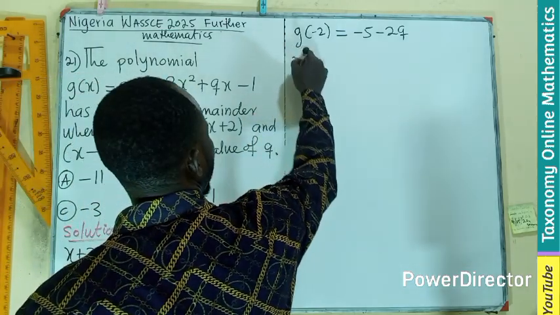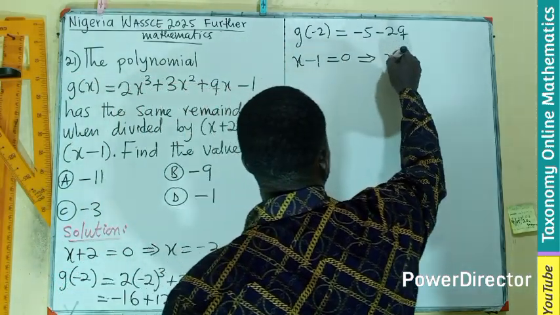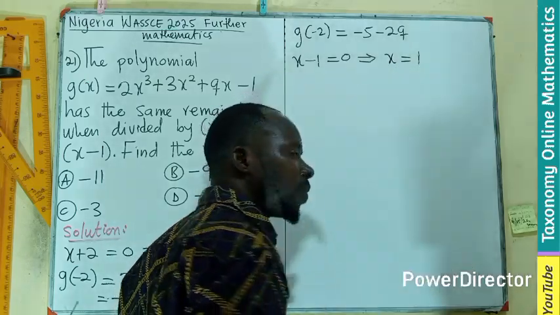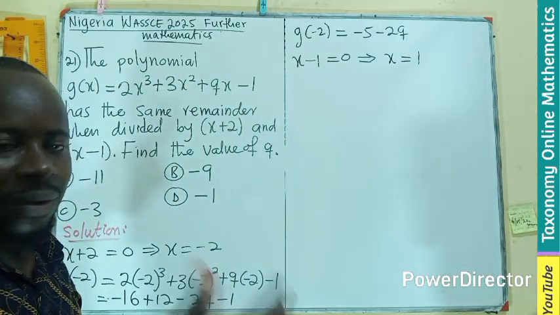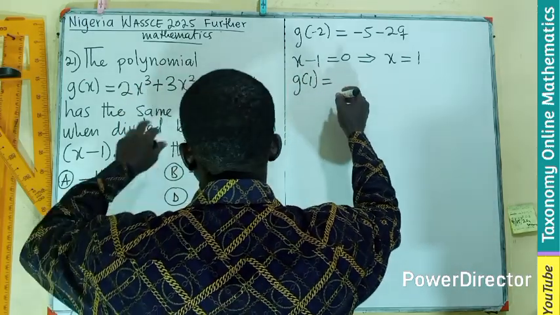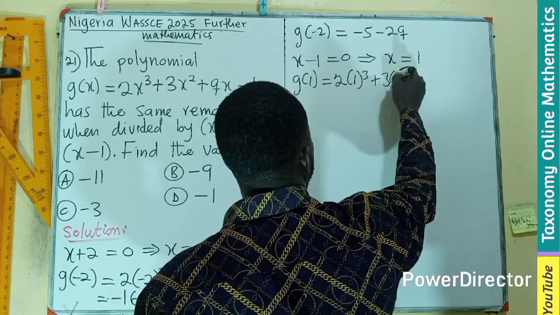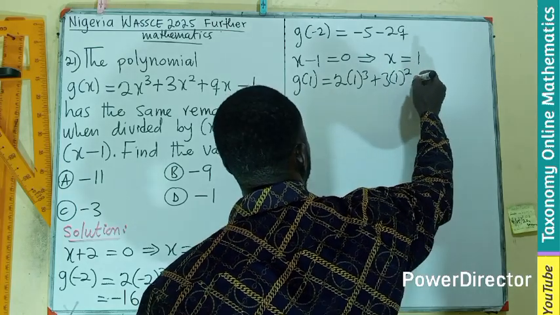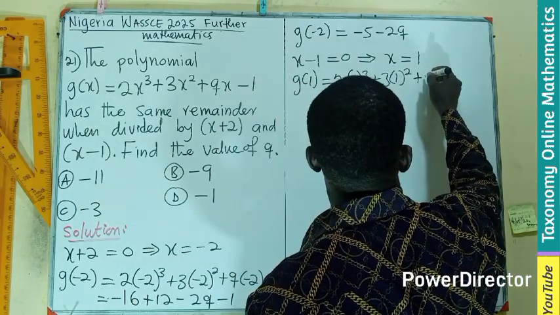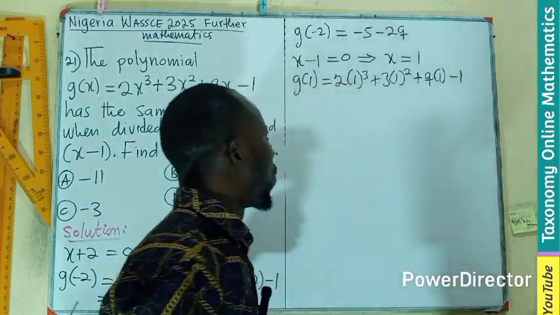Let's see, if I have x - 1 equals 0, that implies that x is equal to 1. So let's see what the remainder will be. g of 1 will be 2 times 1 to the power 3, plus 3 times 1 to the power 2, plus q times 1, minus 1.